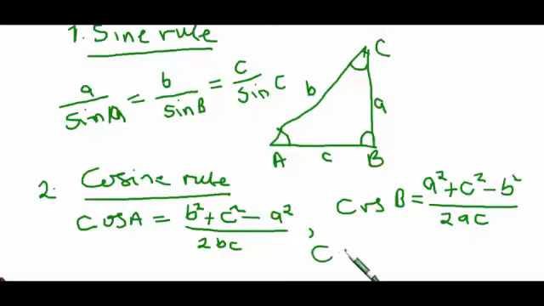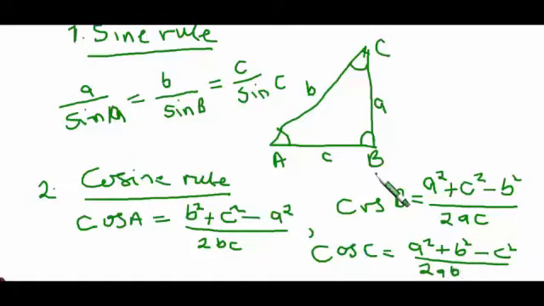And finally cos C is going to be a squared plus b squared minus c squared all over 2 times a times b. So if we employ this rule in our question, we can solve our problem.